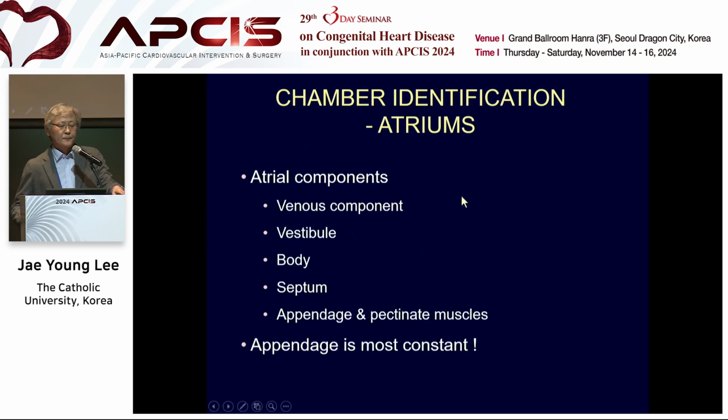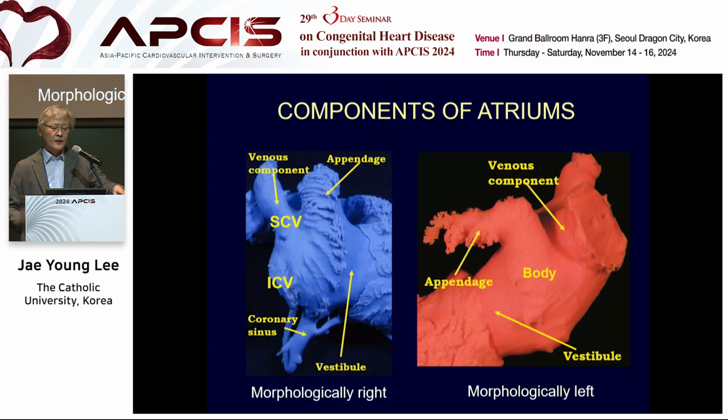The first step is chamber identification, starting with the atrium. The atrium has the following components: venous component, vestibule, body, appendage, and pectinate muscles.